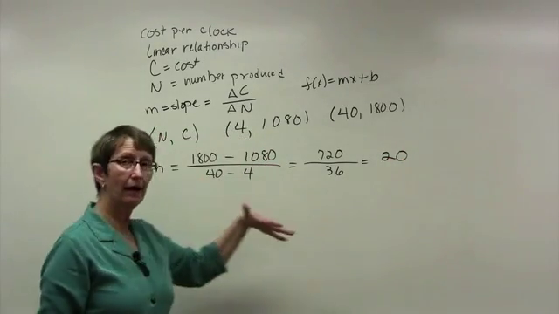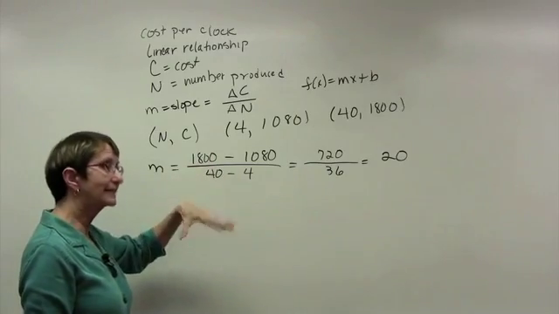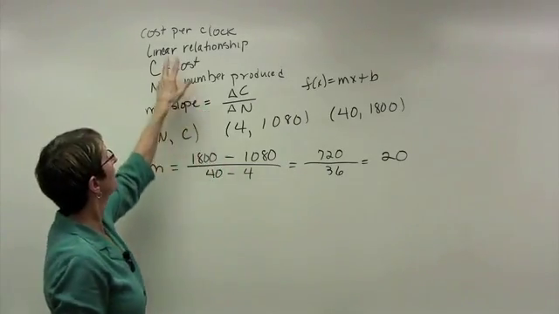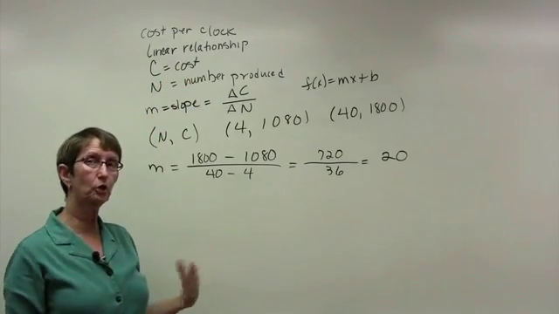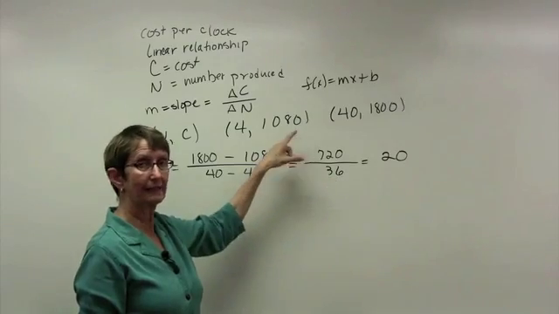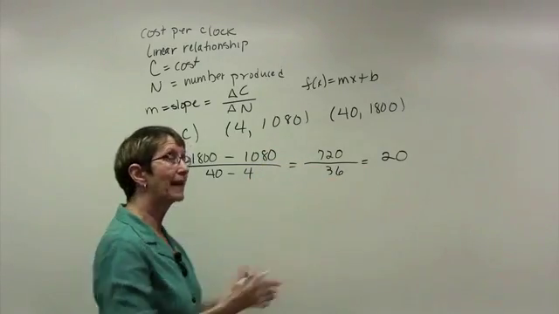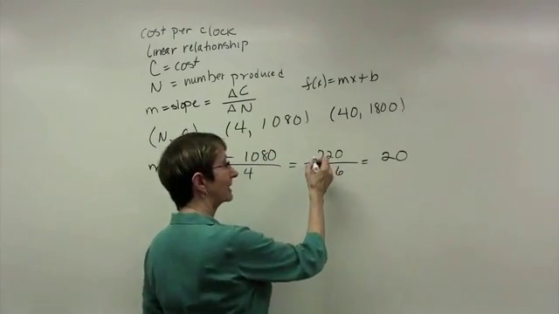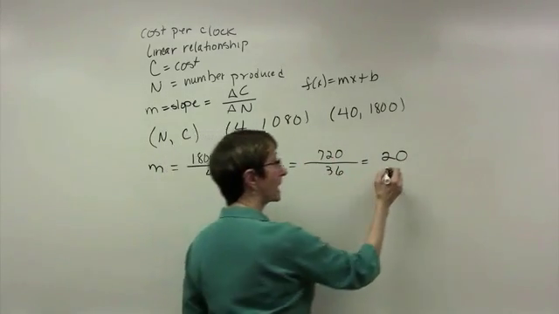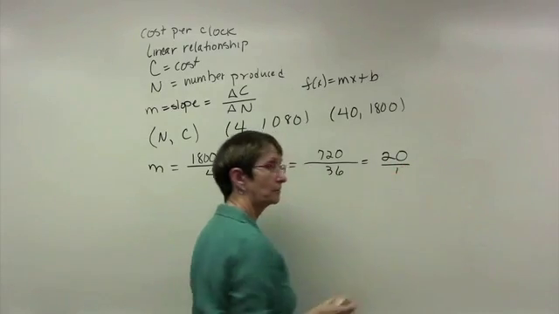Now, I'm thinking about finding a linear relationship. But let's go back and see what the question asked for. The question said, what is the cost per clock? When I reduced this and divided 36 into 720, I got 20. I think about it as dividing 36 into the numerator, I get 20. 36 into the denominator gives me 1.